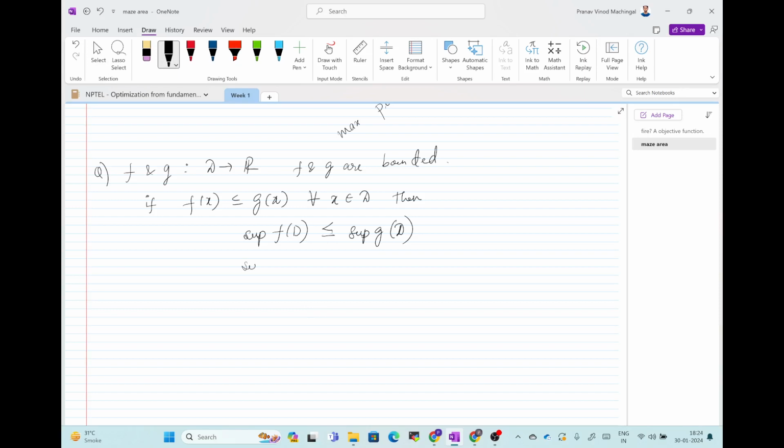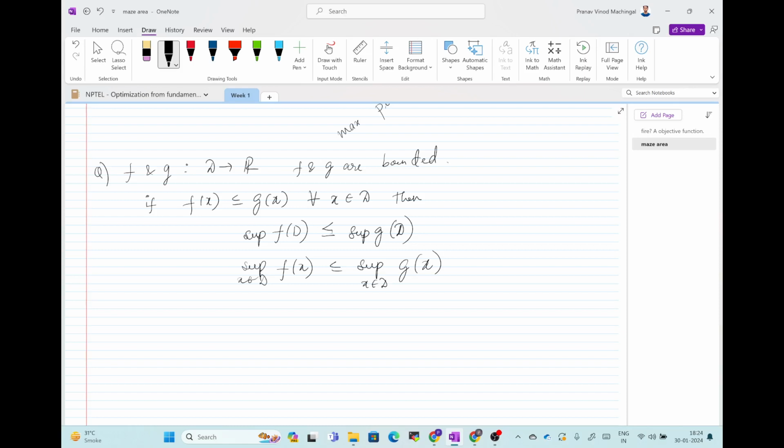So what is this? This is sup x in D of f of x. I'm just rewriting it. And sup x in D of g of x. The definition of sup is what? It is the greatest, sorry, lowest upper bound.